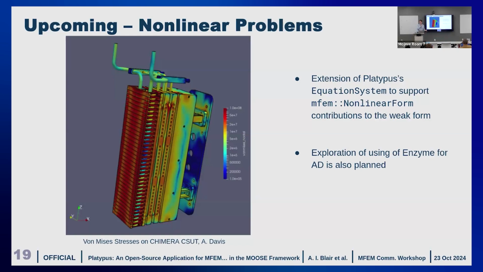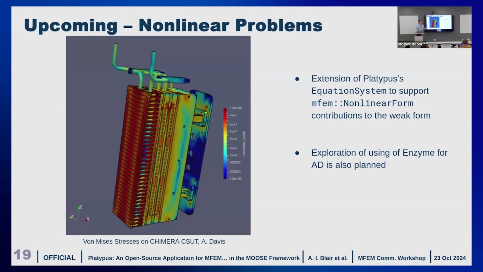Coming up with CHIMERA, we will be helping to test components under high EM loads, under transient magnetic fields, under high heat conditions, with fluid flow in the pipes, and everything all at once, outside of a radiation field. And we need to be able to get to the stage where we can solve this using an MFEM-based workflow.